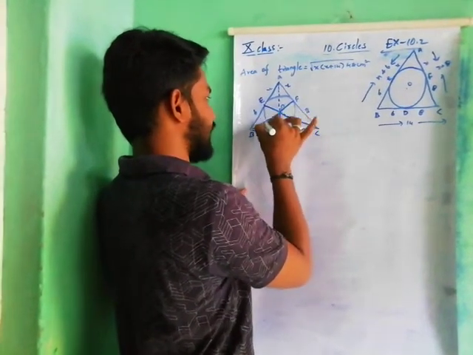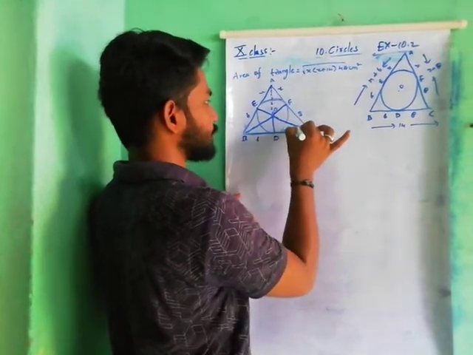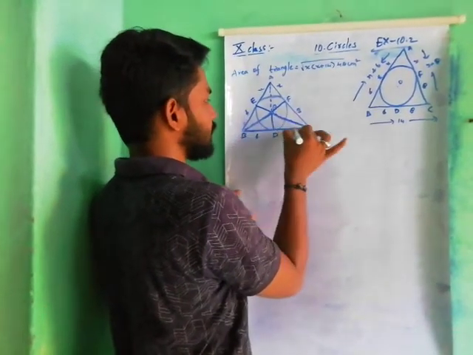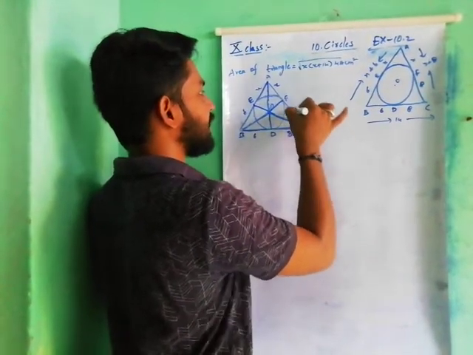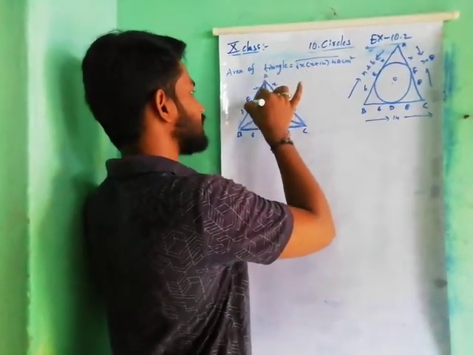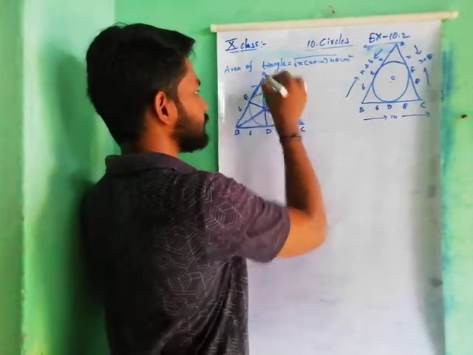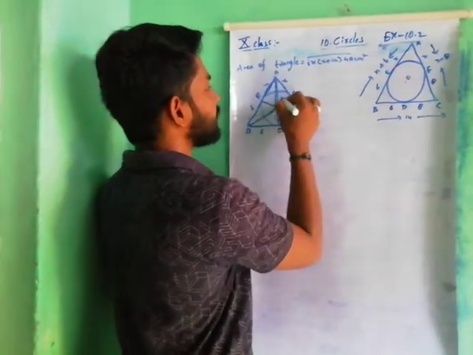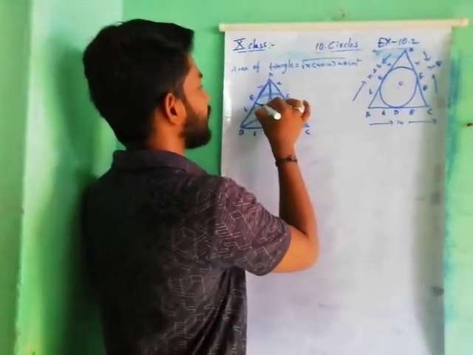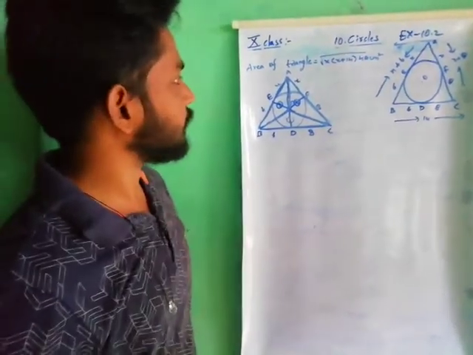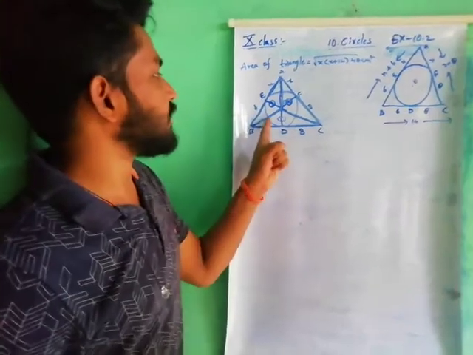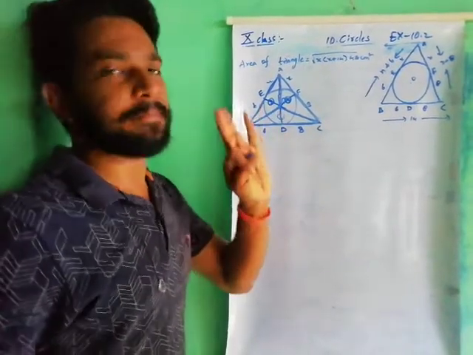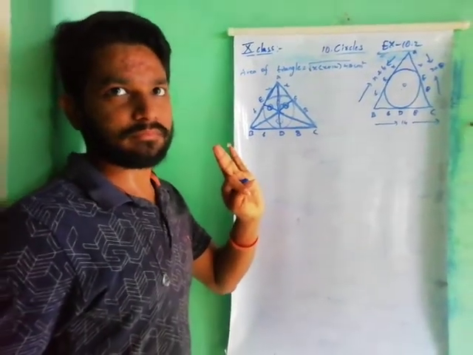This is the first triangle, this is the second triangle, and this is the third triangle. Understand? This part, this part, this part means the total triangle is divided into 3 triangles.